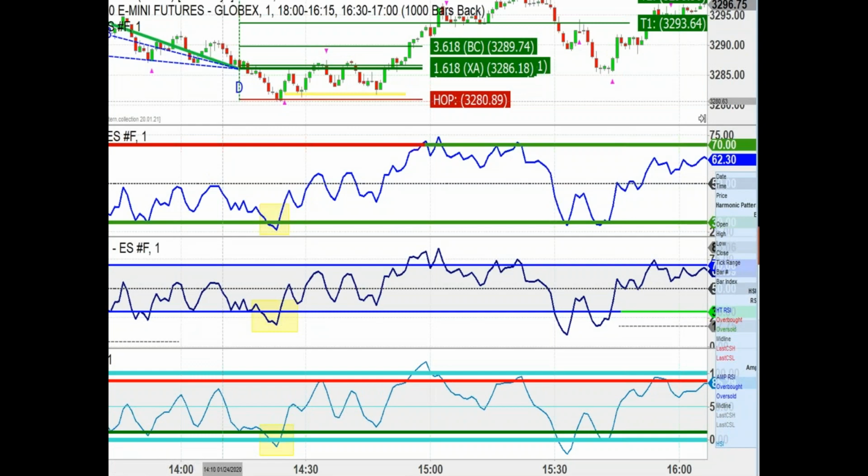Now, here's another instance where we could see a few extra things with a few other indicators, where we have triple confirmation at these lows, right at the HOP level. Look, RSI, amplified RSI, and harmonic strength index all triggered oversold simultaneously, and the market responded.